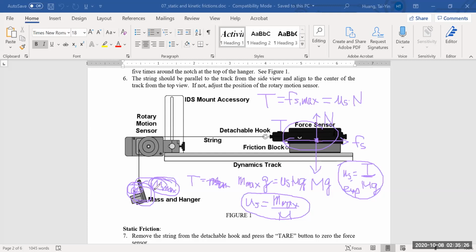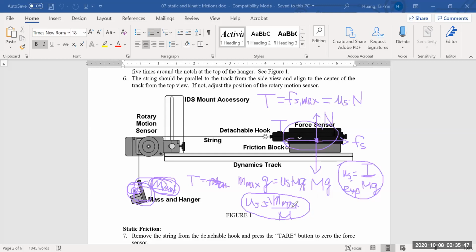So whatever M max you're given, use that value in the equation and you'll be able to calculate the mu s. Once you're done with one surface, you flip it and do exactly the same thing to find these two quantities for another surface.